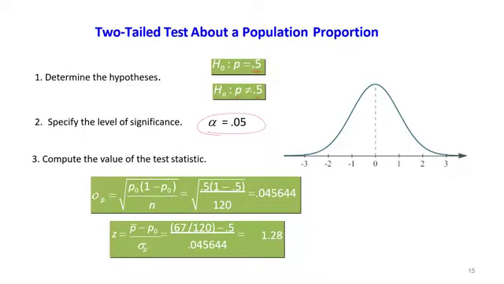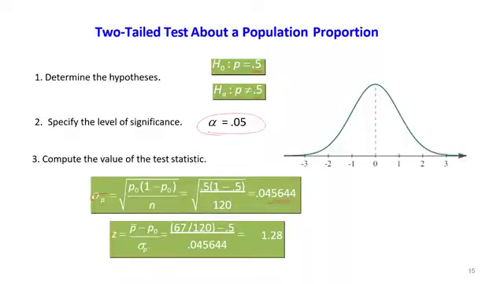Here I will calculate the Z score or test statistic by this particular formula, which we have just seen. First, we'll calculate the sigma. Sigma is nothing but the product of P0 into 1 minus P0, which is 0.5 into 1 minus 0.5, divided by the sample size, 120.